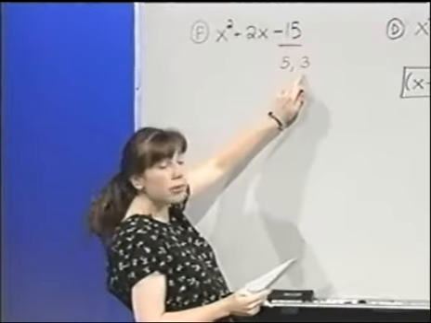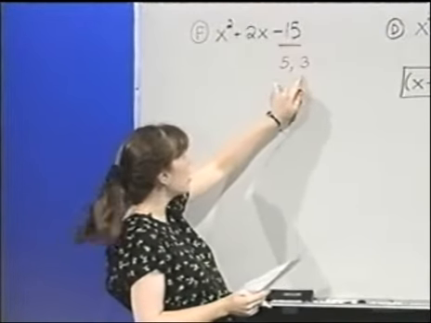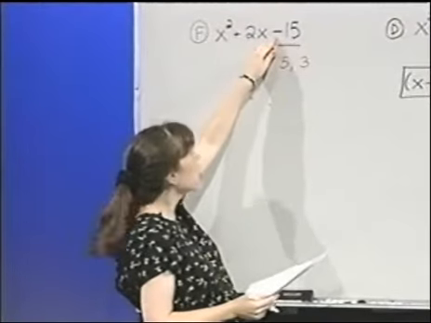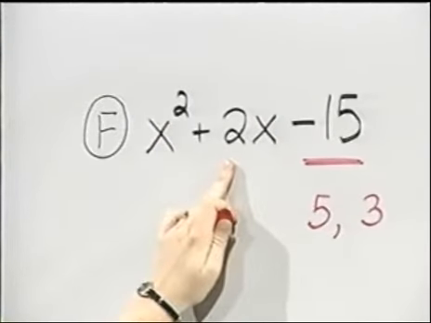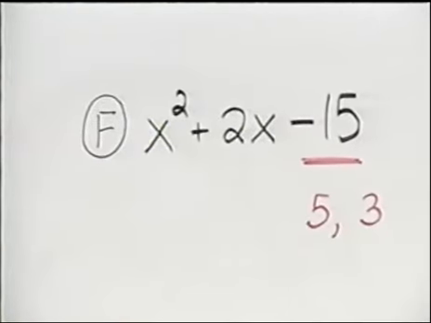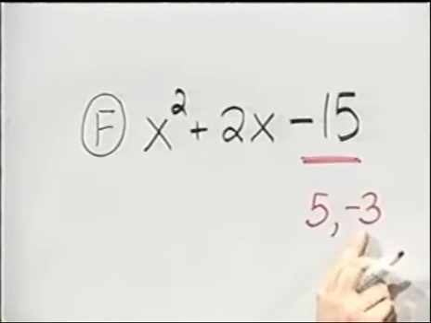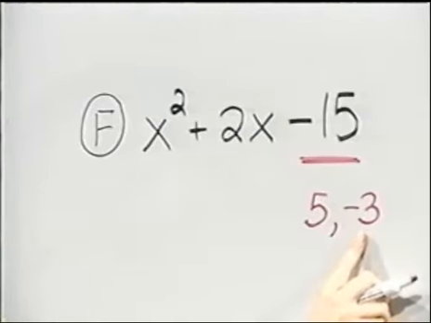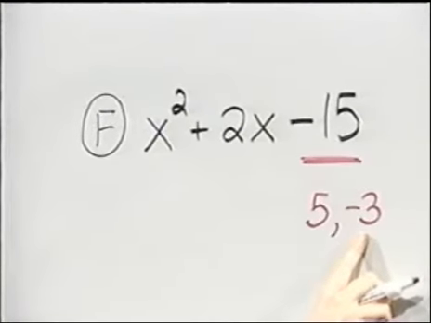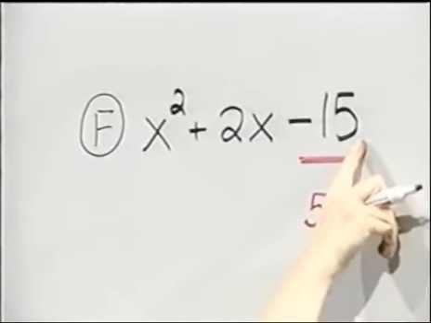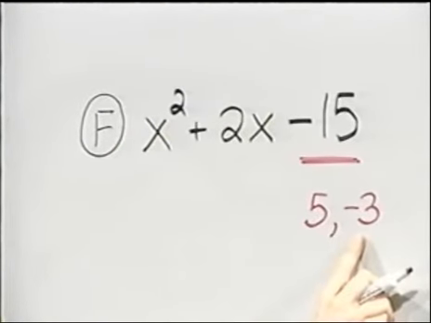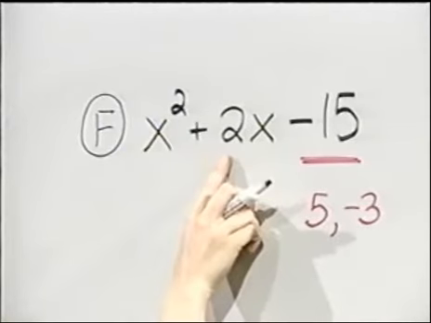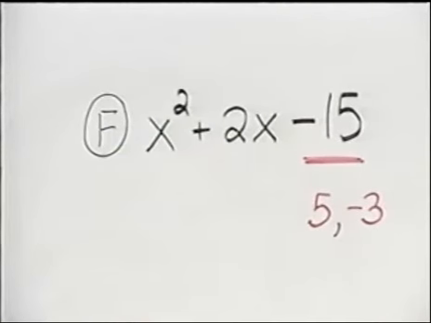Now, one of them has to be negative and one positive to give us negative 15, and they have to add up to give us positive 2. So, if we make the 3 negative, I think these two numbers will satisfy those conditions. 5 times negative 3 is negative 15. 5 minus 3, or plus negative 3, is 2.